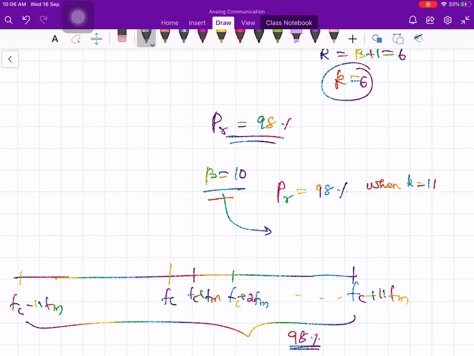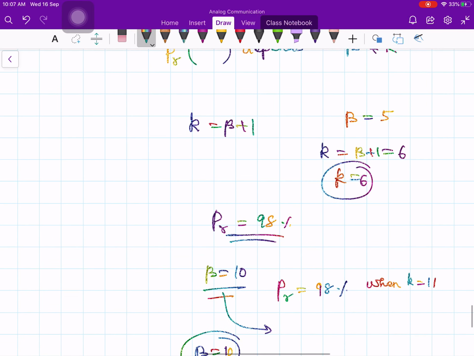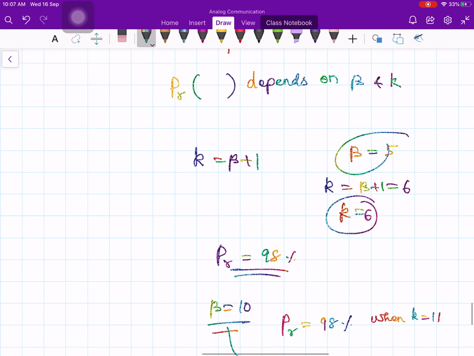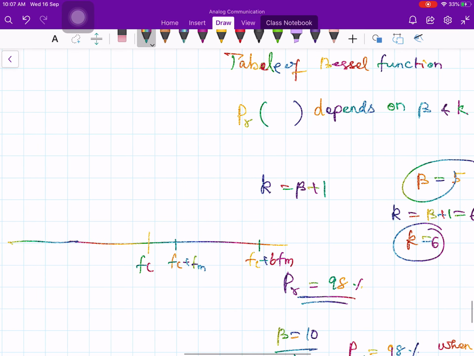Similarly, when beta is equal to 10, the modulation index is 10. In case you choose beta equal to 5, then you consider only 6 components: fc, fc plus fm up to fc plus 6 times fm, and on this side also fc minus fm up to fc minus 6 times fm.